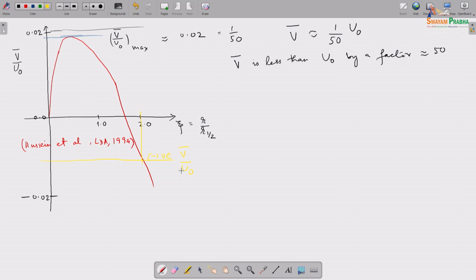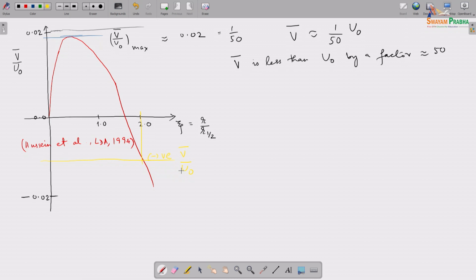Say at zeta equal to 2, which is r equal to 2 times the jet half width, V bar by V naught is negative.